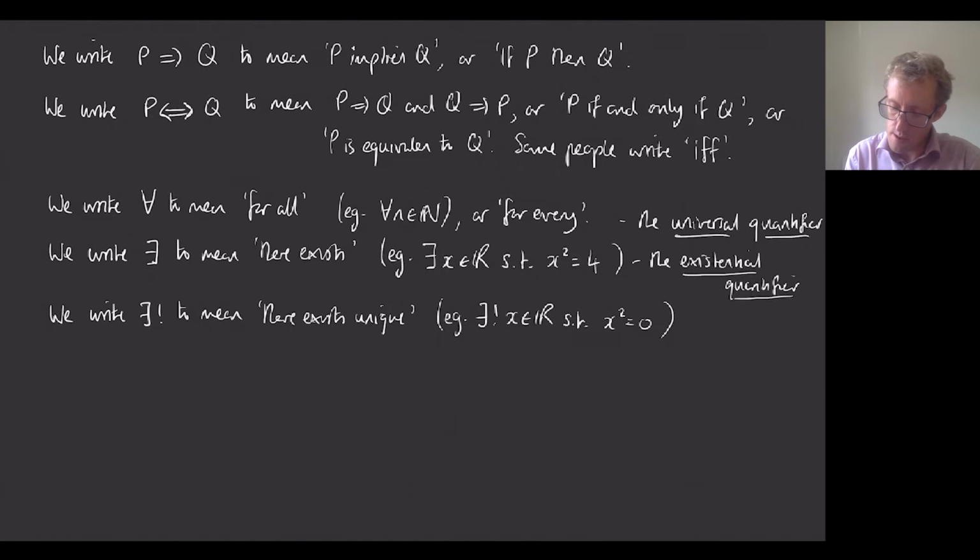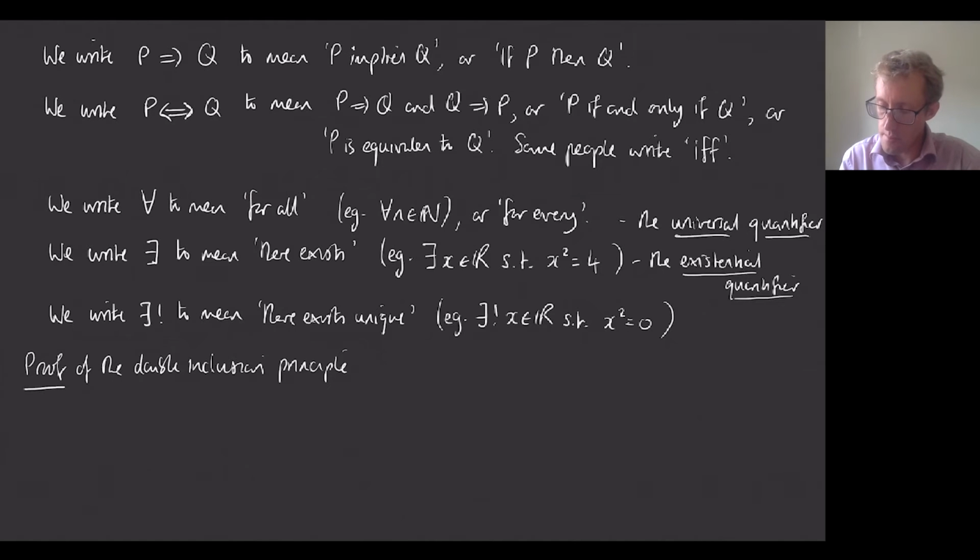Okay, let me just give you a brief example of how we can use this to help streamline things a bit. I'm going to give you an alternative proof of the double inclusion principle that we did in the last lecture. So remember that this was the statement that two sets A and B are equal if and only if, which I'm now going to write with this arrow, A is a subset of B and B is a subset of A. It was this quite obvious statement.